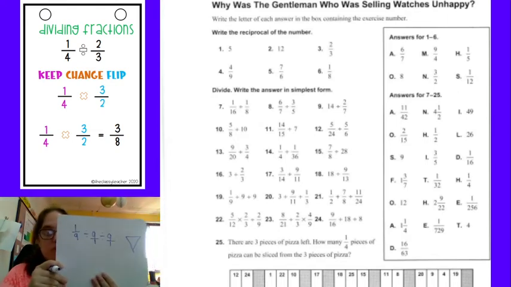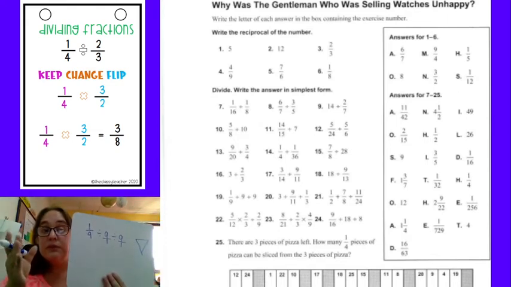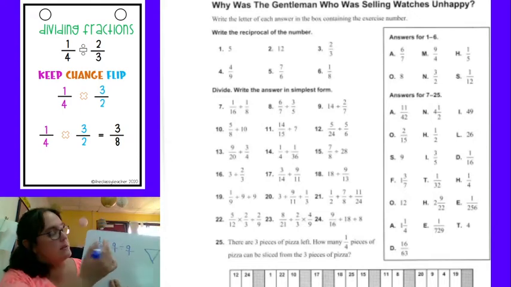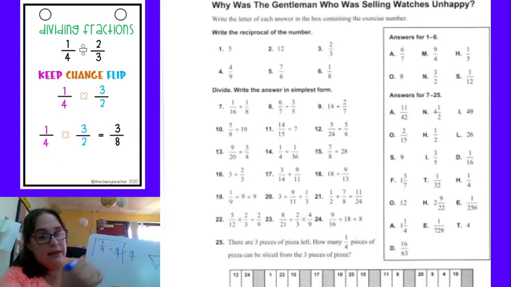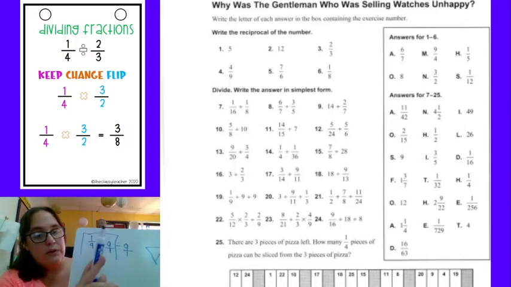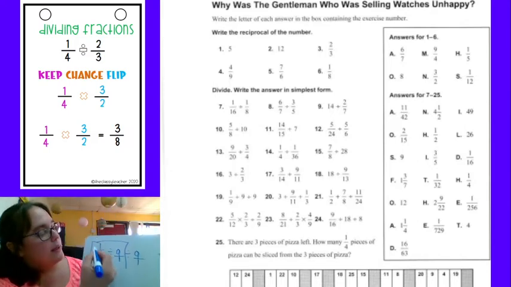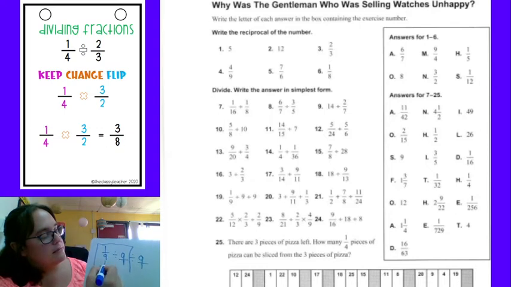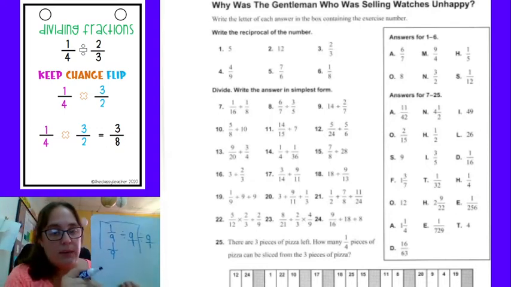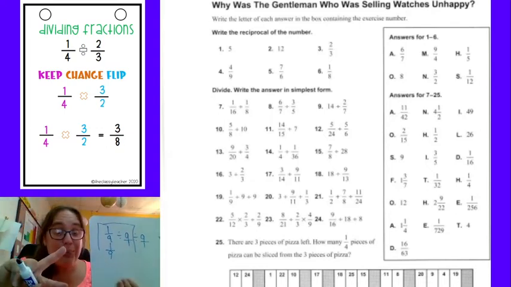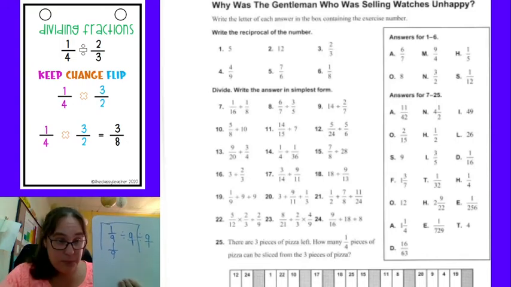You just need to multiply, divide from left to right. So I'm going to start with these two right here, okay? So using our steps right up there, I'm going to keep this, and then I'm going to multiply by the reciprocal.